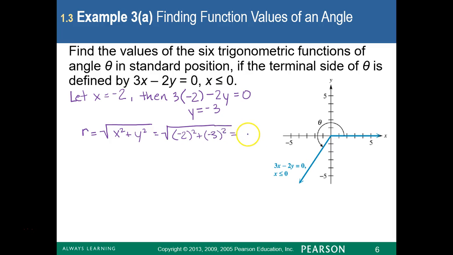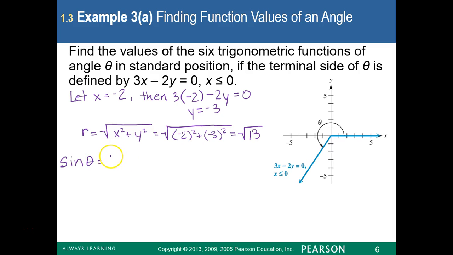And that ends up giving us the square root of 13. Okay, at this point, leave everything in exact form. Do not give me decimal numbers on this. So keep it as the square root of 13. Now, let's find our 6 trig functions, since we have x, y, and r.